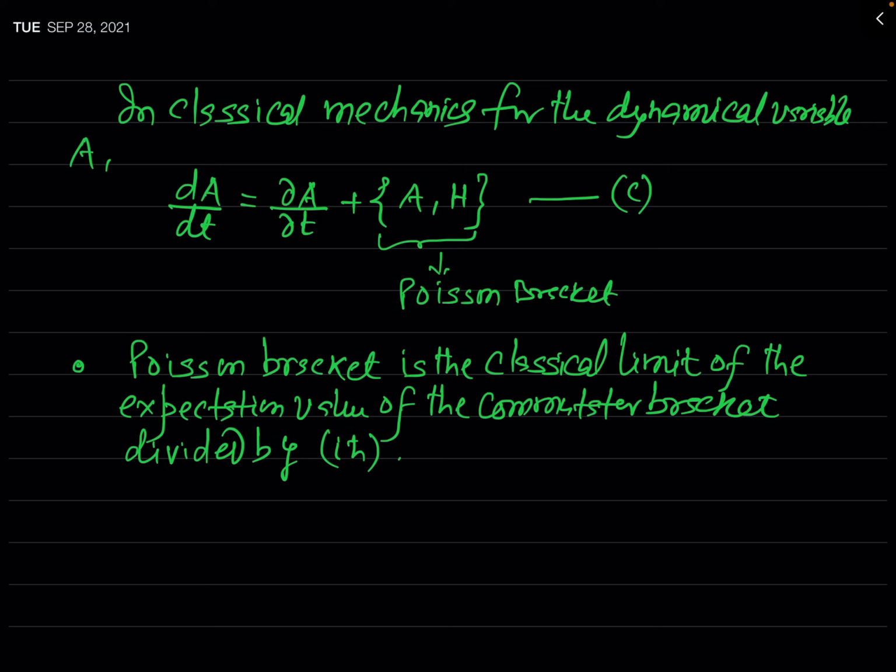Symbolically, we can write the expectation value of the commutator bracket of two Hermitian operators, let us say A hat and B hat.